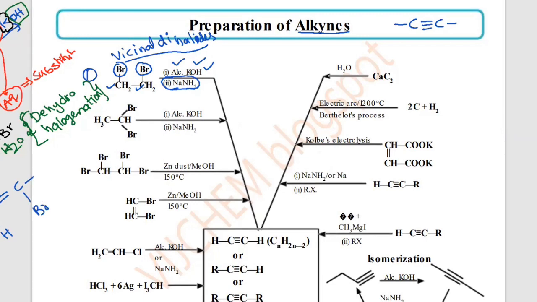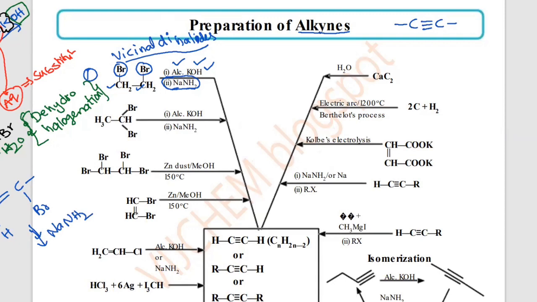I am explaining the complete mechanism to you. In step one I have completed the mechanism where I used alcoholic KOH. In step two, I will be using the sodamide. The purpose of this reagent is also dehydrohalogenation only, but the reagent's working procedure is different.